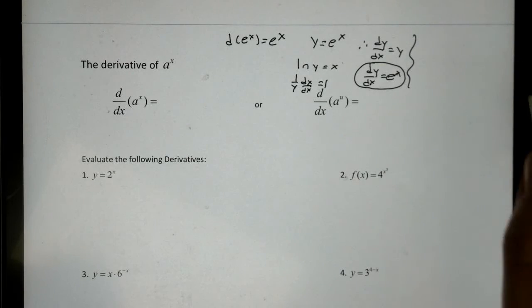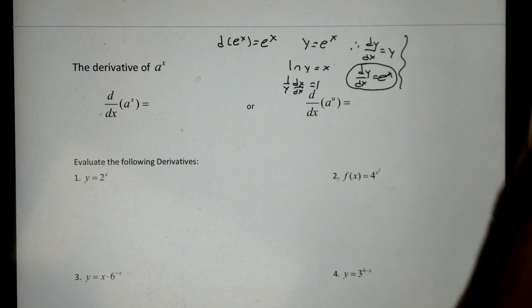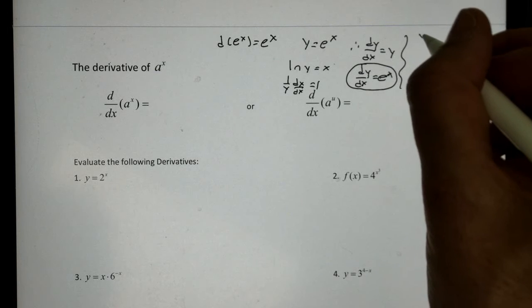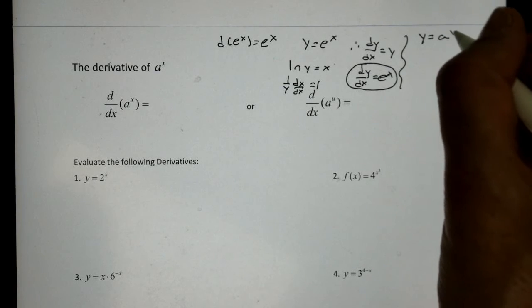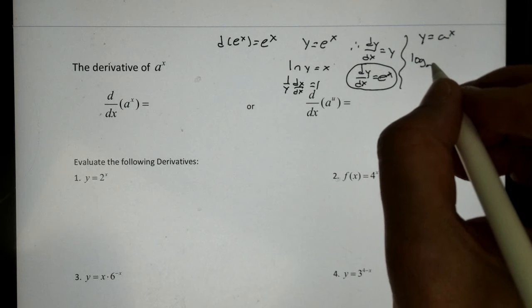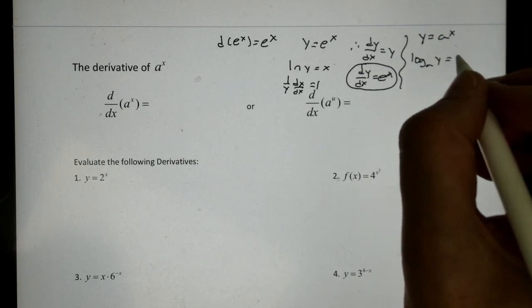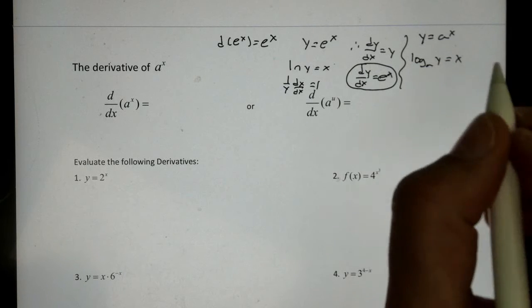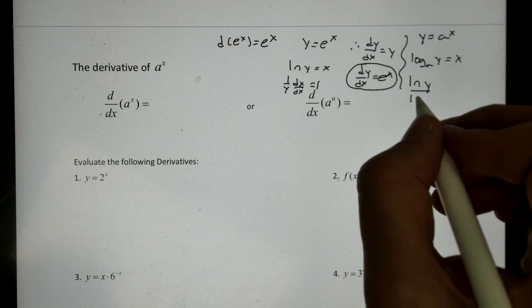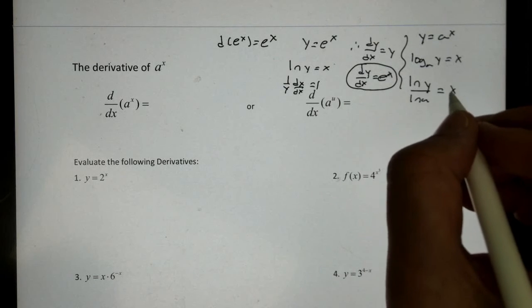Now, likewise, let's take a look at a different base right here. So let's say we're talking about a to the x. Well, if I say y equals a to the x, this is telling us that the log base a of y is equal to x. I'm going to use my change of base. This is now saying the natural log of y over the natural log of a is equal to x.